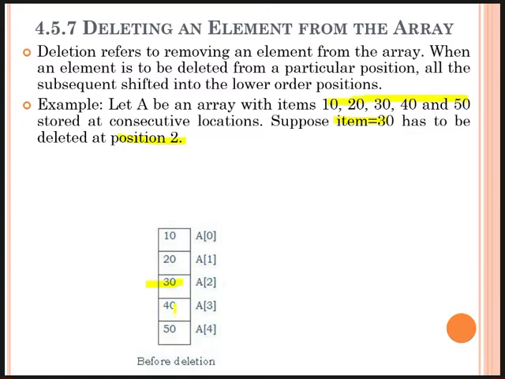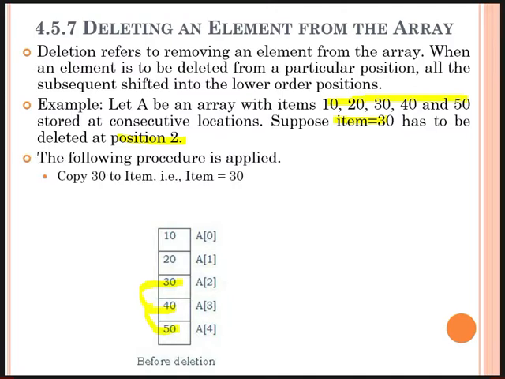After that, what do you have to do? The 40 you have to move back and the 50 you have to move back. This is the procedure. Copy 30 to item, so item equals 30. Now move 40 to position 2.